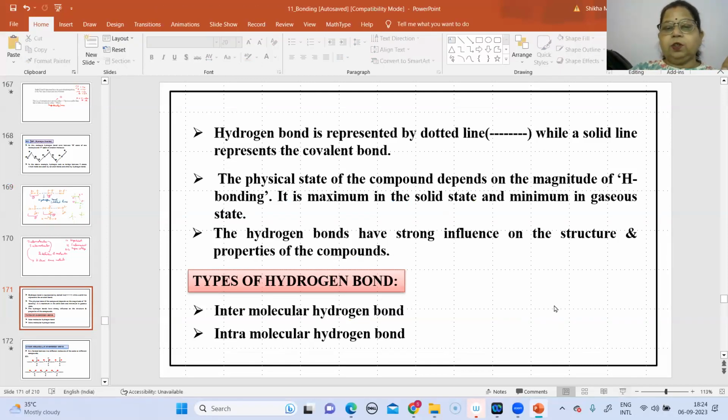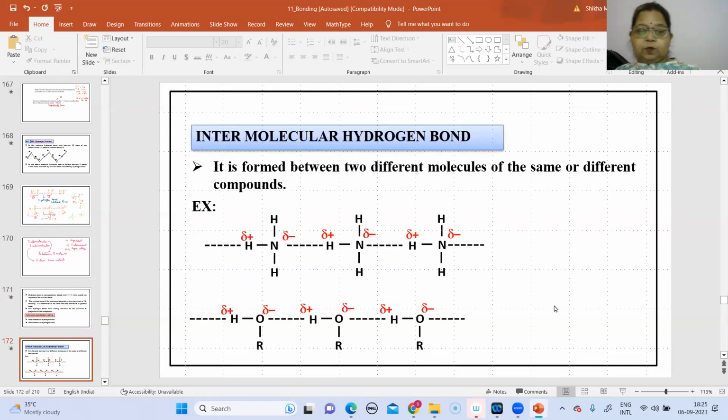As I have told you, hydrogen bonds are represented by dotted lines. The physical state of this we will take up later once we understand. Then hydrogen bonds have a strong influence. I have told you they alter certain properties, especially the physical state, solubility, and all those things. Then we said that hydrogen bonds are of two types, intermolecular hydrogen bonds and intramolecular hydrogen bonds.